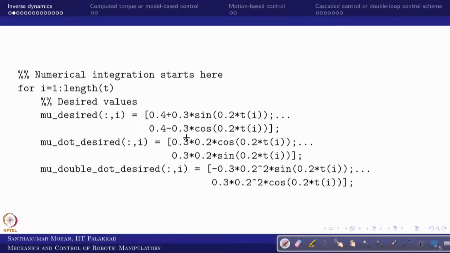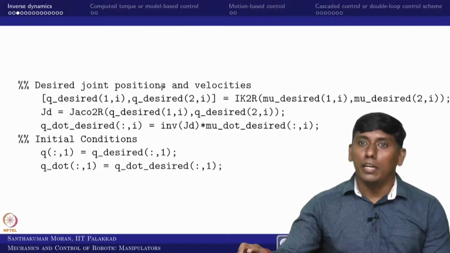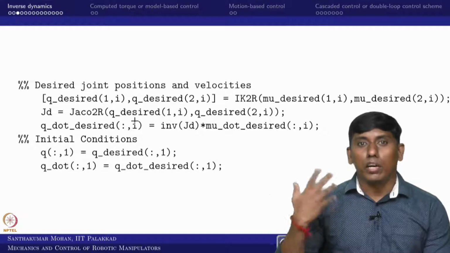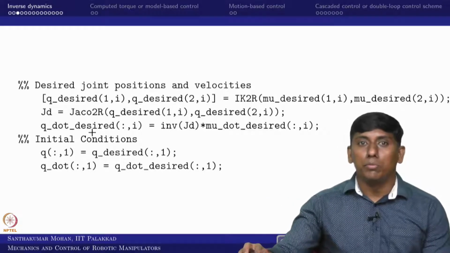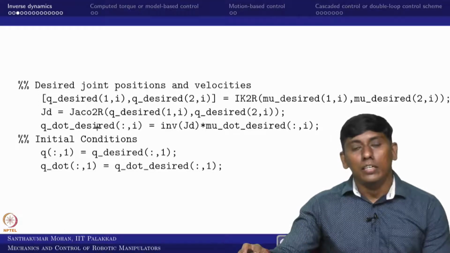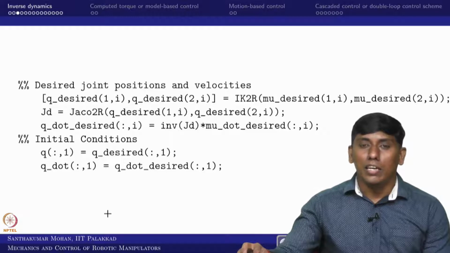In the last joint space lecture, we saw how a cubic polynomial can be used, but here, even without a cubic polynomial, the circular profile can be generated. That is what we have seen here. Once we know this, we find the inverse kinematics, just for our own reference, to find what q desired and q dot desired would be. Once we obtain this, we go back to the initial condition.